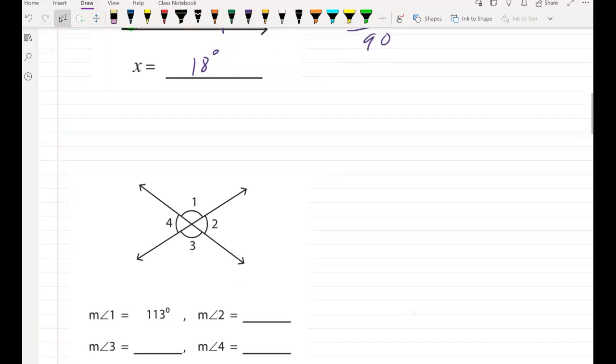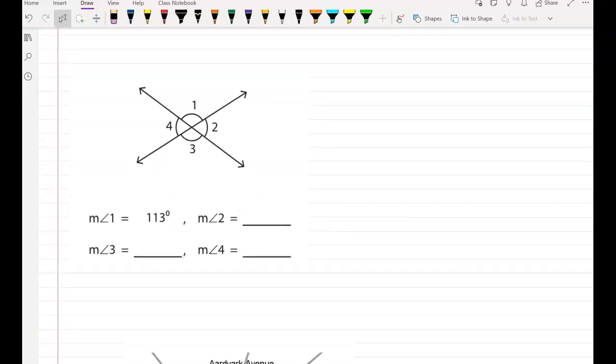All right, let's look at this next angle diagram. It says that angle 1 is 113 degrees. So how much is the measure of angle 2?